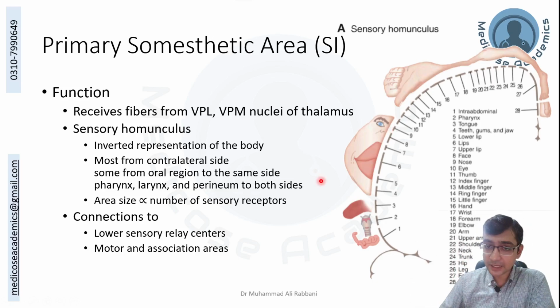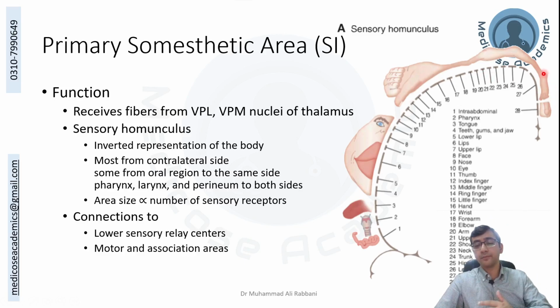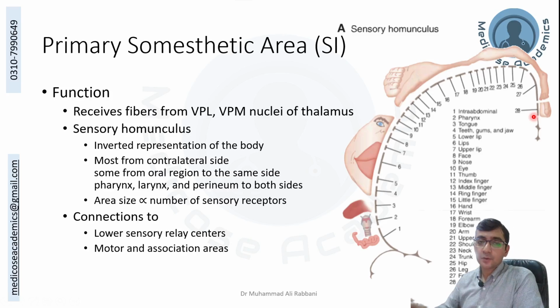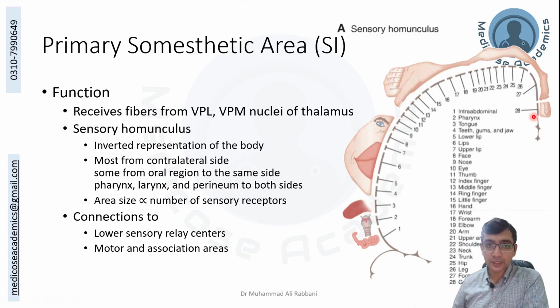It is again an inverted human, and at the most lateral aspect there will be head and neck, and on the most medial aspect there will be lower limb, lower trunk and genitalia. It majorly receives signals from the contralateral side, especially below the neck, and from head and neck it majorly receives bilateral signals.